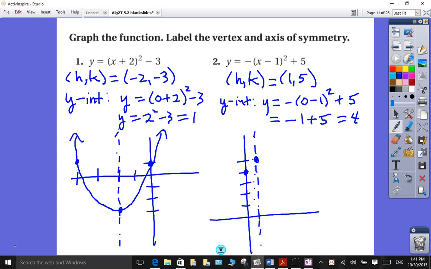So I put in 0, -1 squared is +1, but then there was a minus in front. So -1 plus 5 is 4. So there's my axis going through the vertex. This point is 1 to the left, so I should go 1 to the right. Make a point.